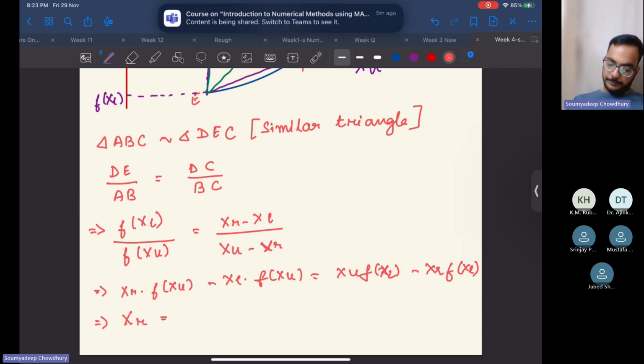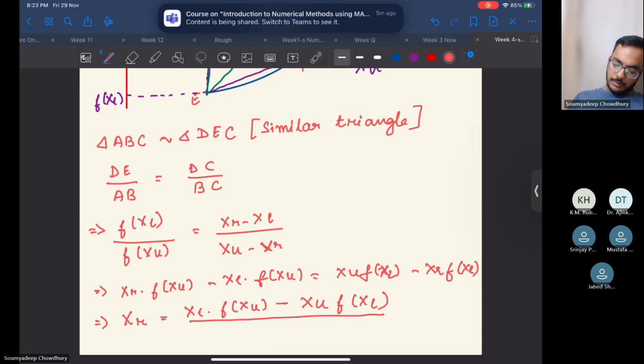It will be equal to XL f of XU minus XU f of XL upon f of XU minus f of XL. So this is my iterative formula.